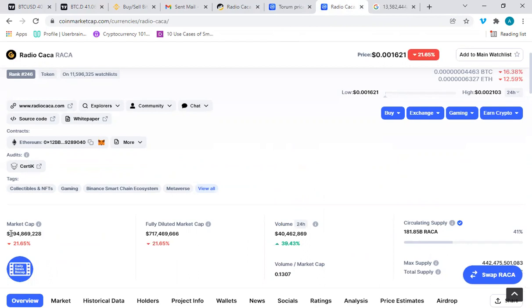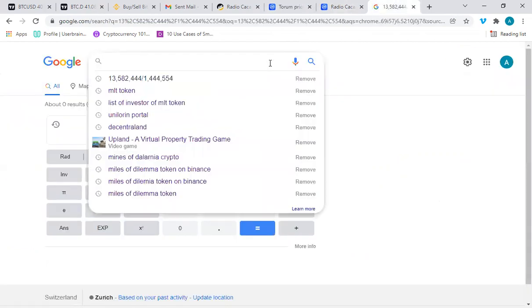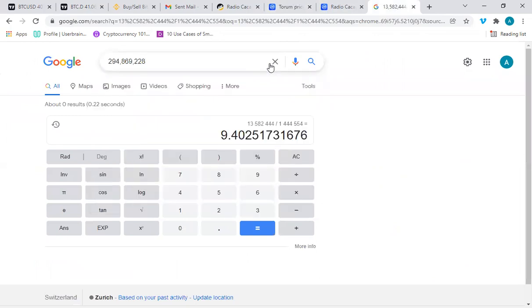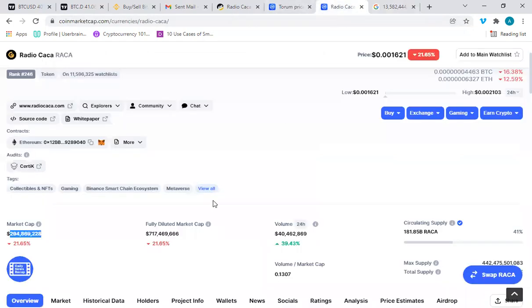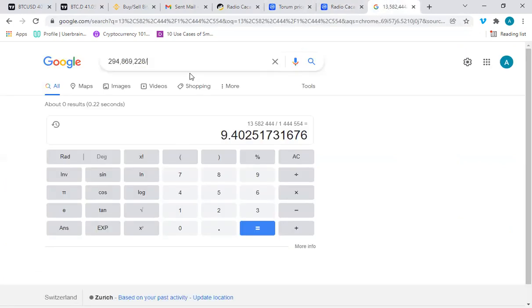I'll divide by the 24-hour trading volume, so I'll copy the 24-hour trading volume.